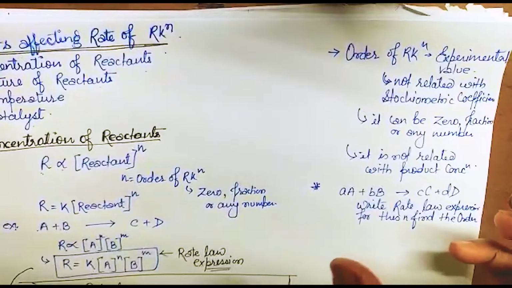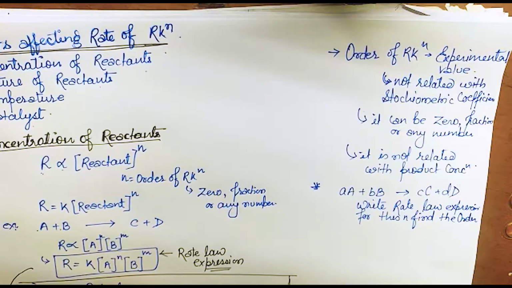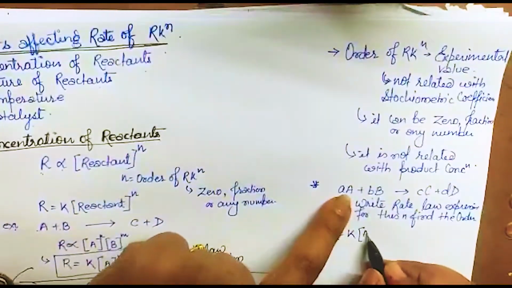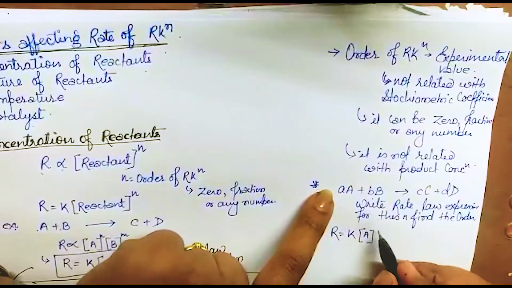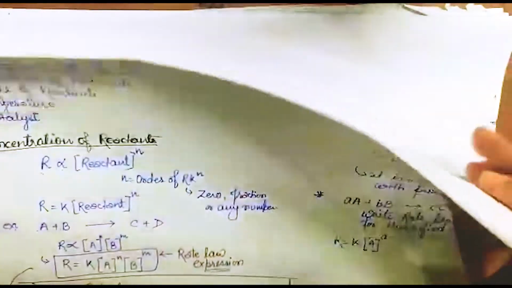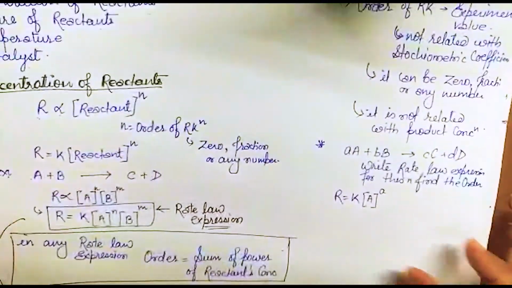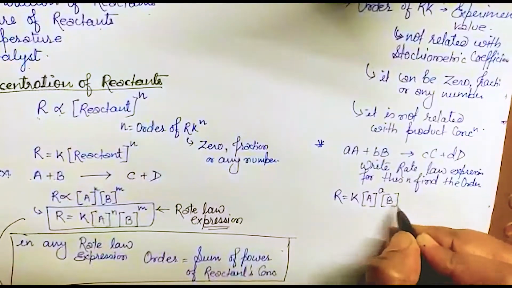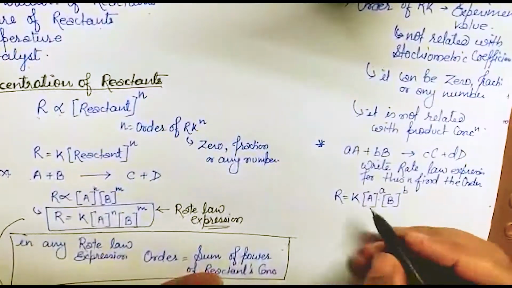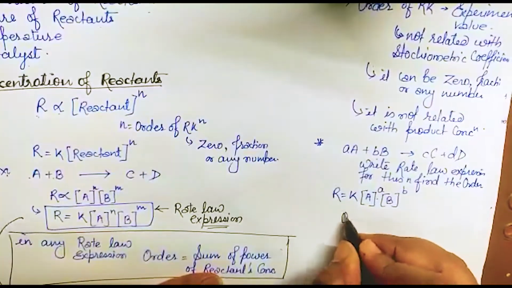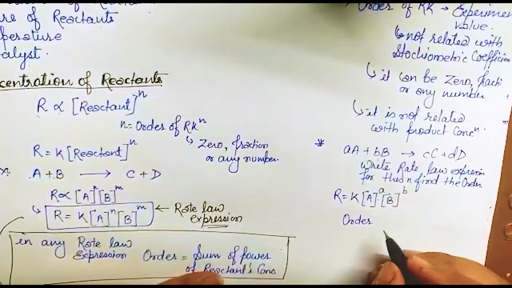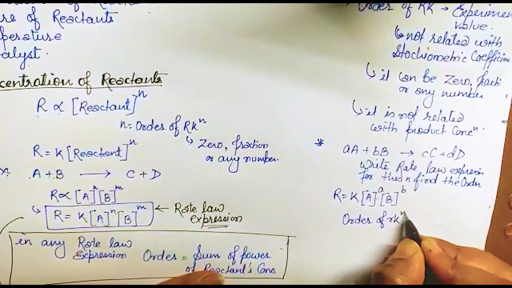So we will go according to the balanced equation, and the rate law expression will be R is equal to K, concentration of A, and the stoichiometric coefficient will be converted into the power. Since the rate law expression is not mentioned, we can go theoretically. Is it okay? And then B. So this is the rate law expression, and what will be the order? According to this, the order of reaction will be a plus b.